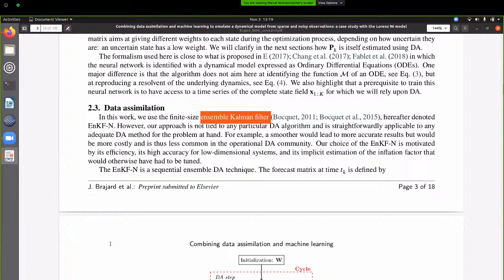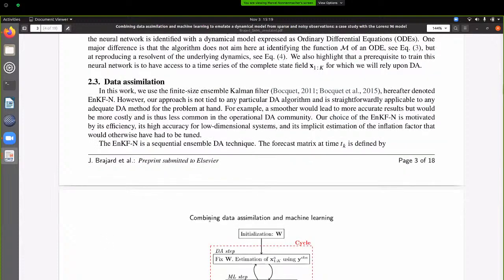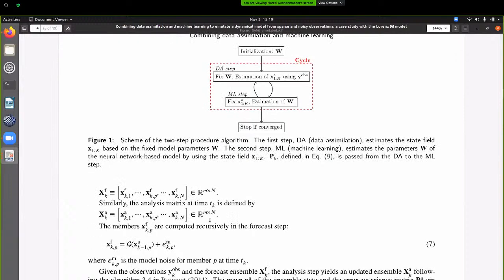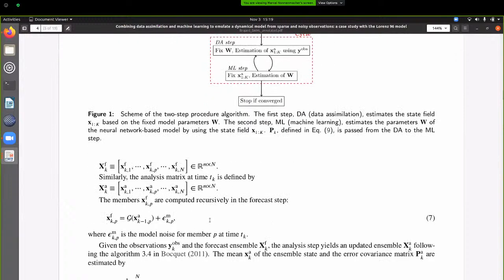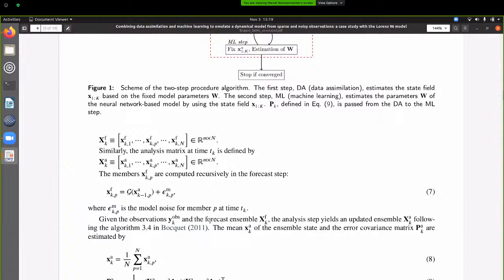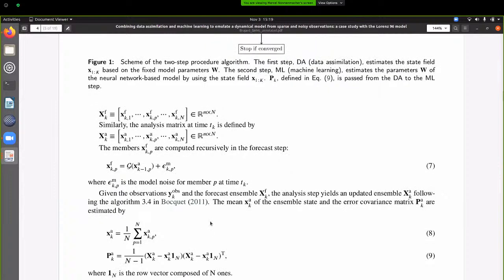As they said, other DA algorithms, data assimilation algorithms, would work as well. So if they have a model, they can get a sequence of forecasts, and from this, upon data integration, a sequence of analysis states given that particular model using data assimilation such as EnKF.